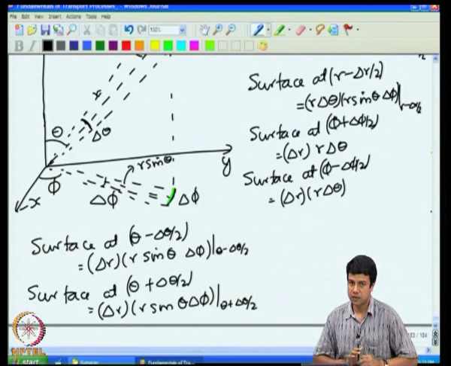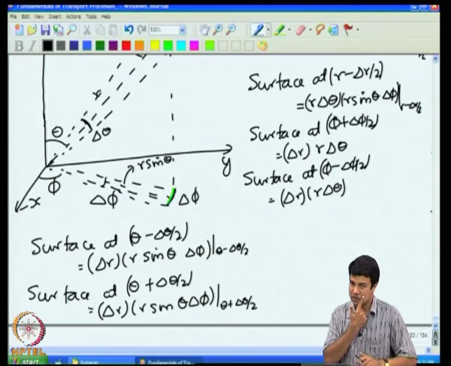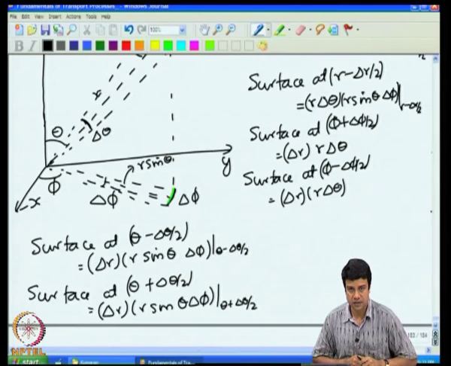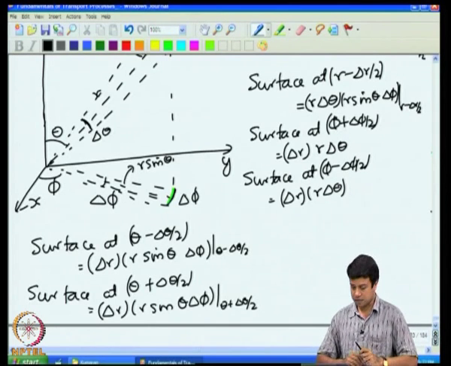We saw that when we did the cylindrical coordinate system earlier. Because of that, you get more complicated expressions for the balance equations than just the simple expressions in the Cartesian coordinate system, where the surface areas delta x, delta y, delta z and delta x, delta z were all independent of position.